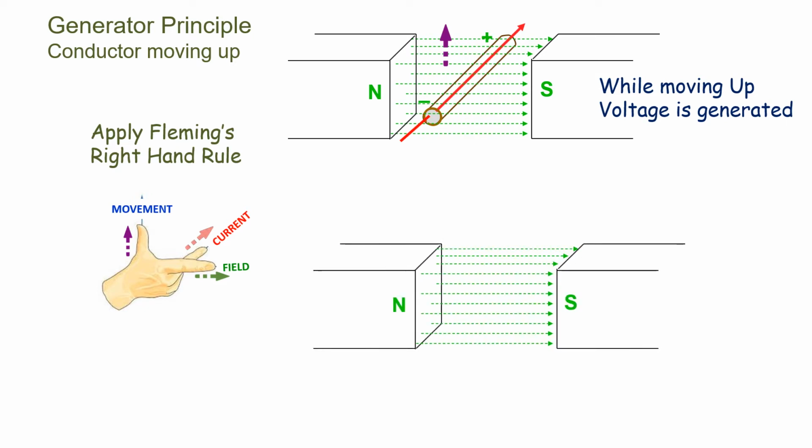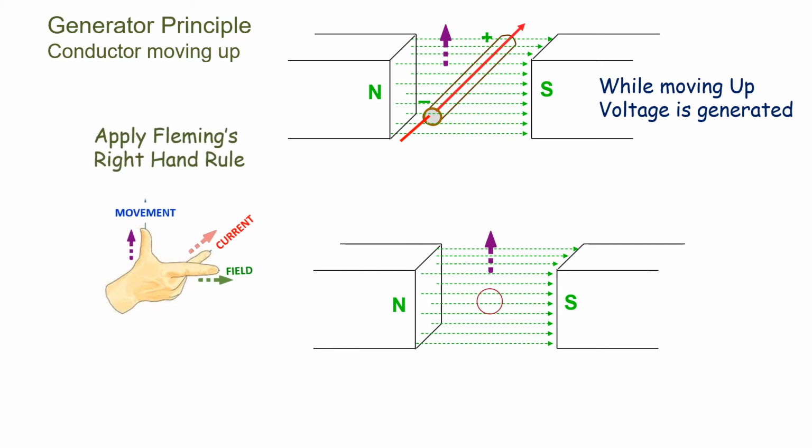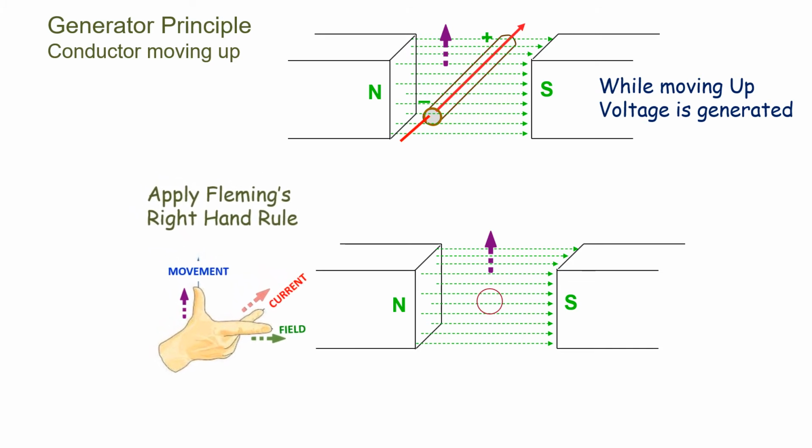Let us understand the same by means of another figure. The field is oriented towards right. Conductor's cross section is shown here now. Move the conductor upwards. In order to know the current direction in the conductor, let us apply the Fleming's right-hand rule.